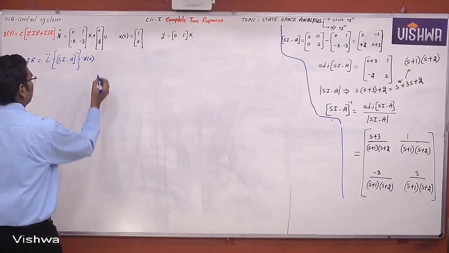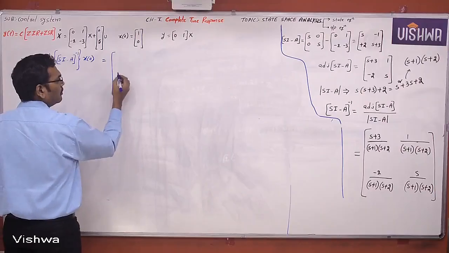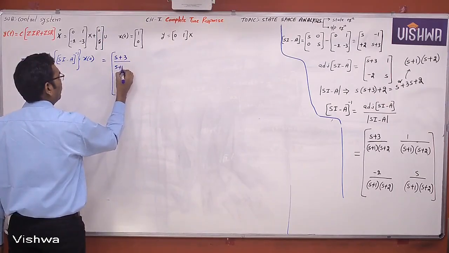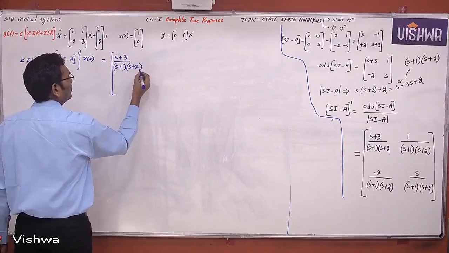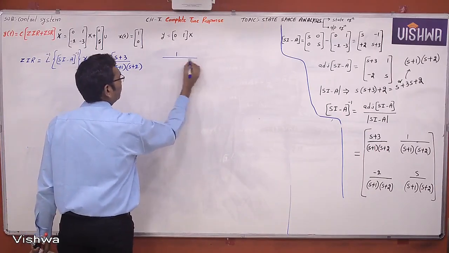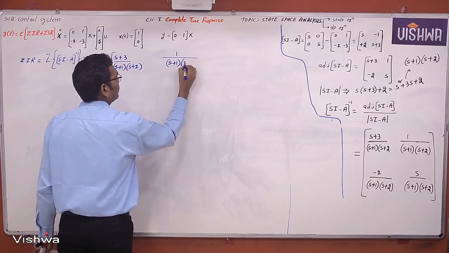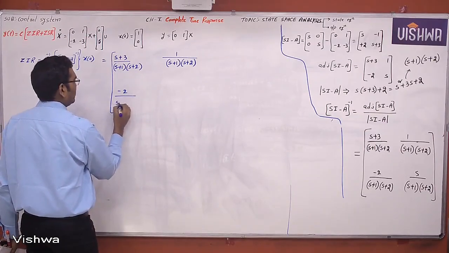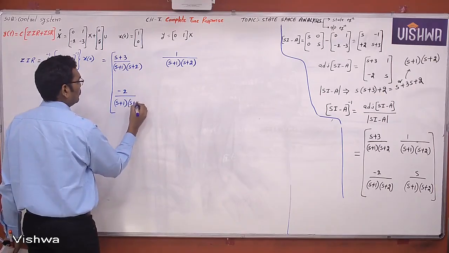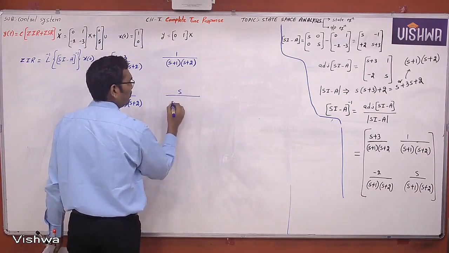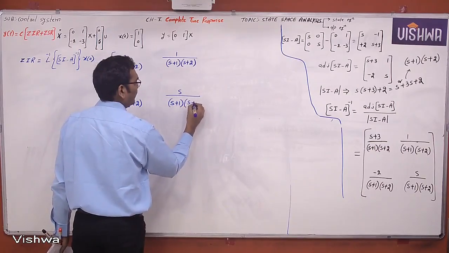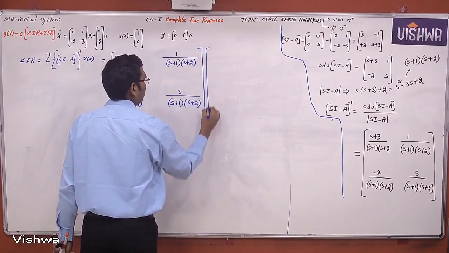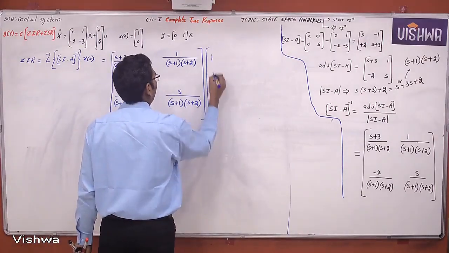The matrix is s plus 3 by s plus 1 into s plus 2, 1 by s plus 1 into s plus 2, minus 2 by s plus 1 into s plus 2, s by s plus 1 into s plus 2, multiplied with x of 0, which is [1, 0].